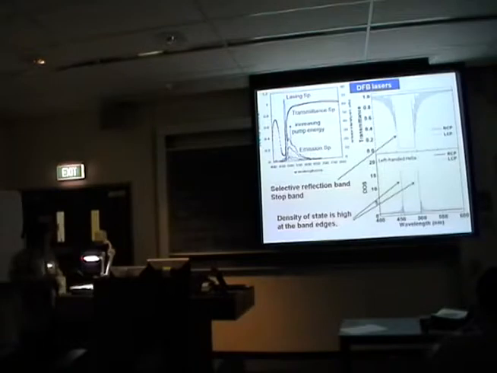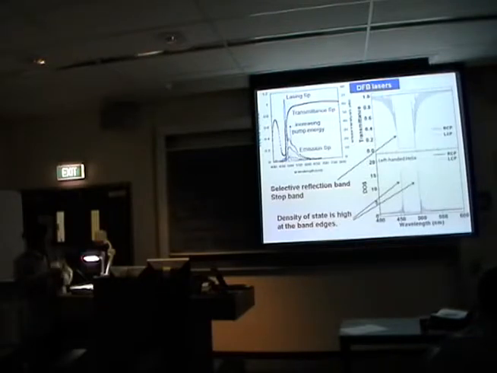So what is important is how we can make stable laser emission with low threshold. For that purpose, first I want to show the density of state. I will tell you the density of state later. And this is the reflection spectrum of cholesteric liquid crystal. This is a simulation for right-handed circularly polarized light.